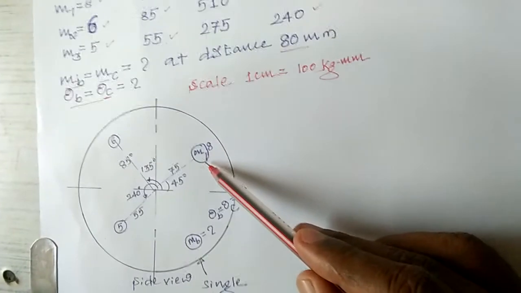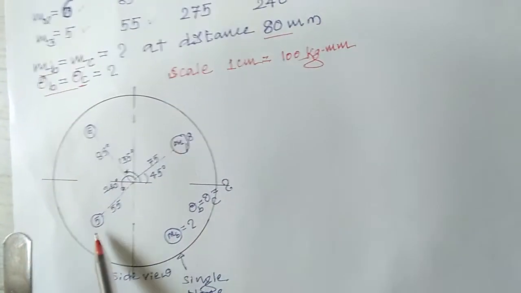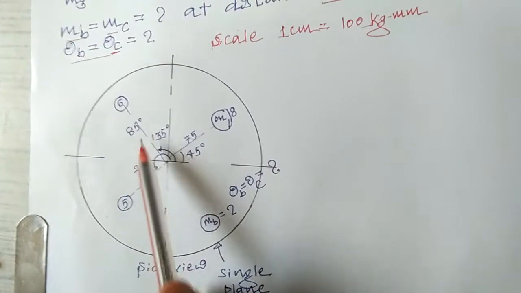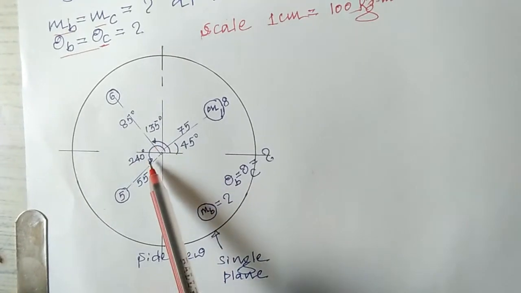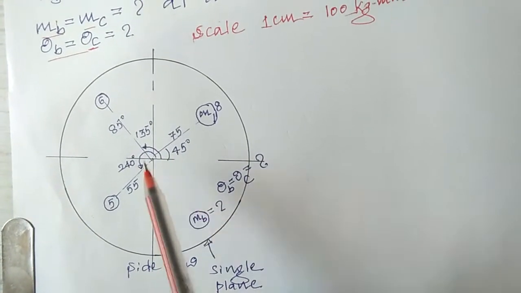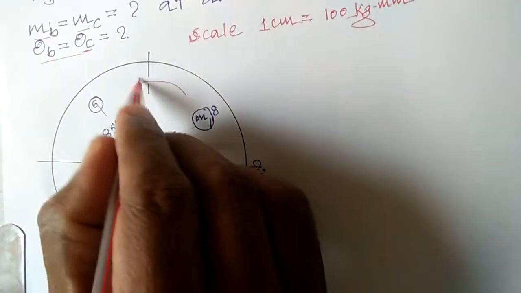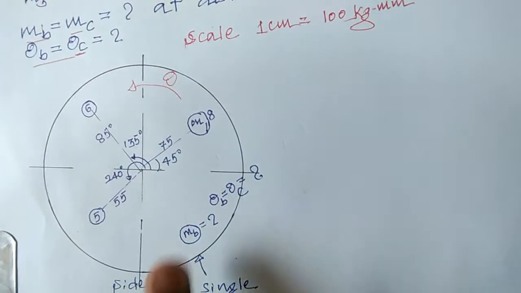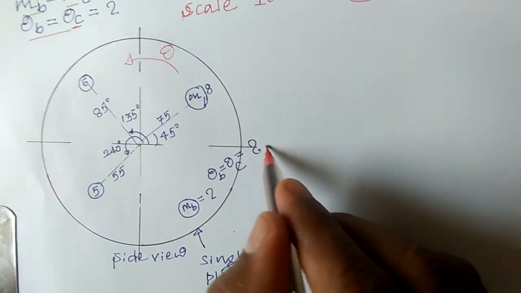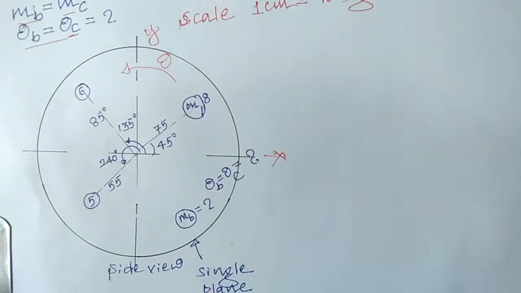The masses are kept at positions: m1 as 8 kg, m2 as 6 kg, m3 as 5 kg at distances of 75, 85 and 55. They make angles of 45 degrees, 135 degrees and 240 degrees, because I started from the x-axis in the counterclockwise direction. Counterclockwise means you have to measure theta with respect to the x-axis in this way.